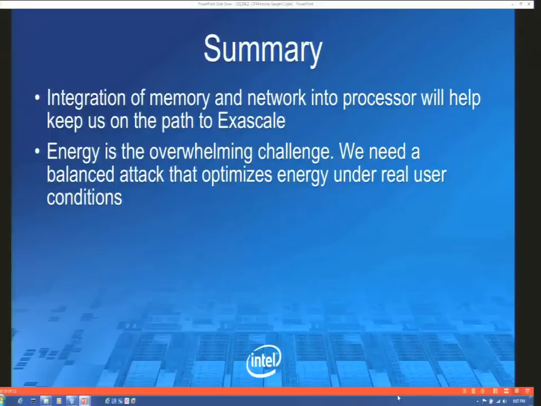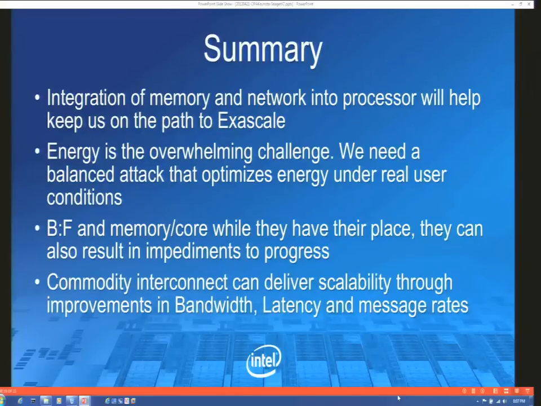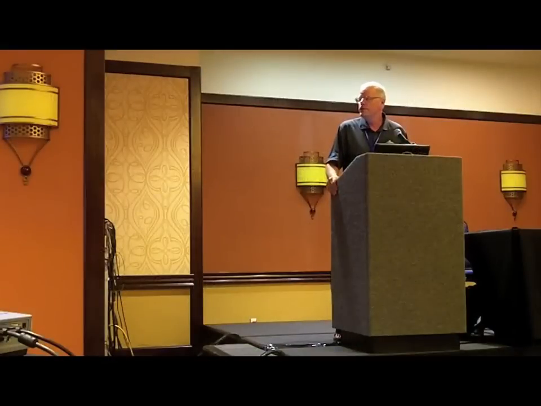The B to F ratios and memory per core, while they have their place in history, can also become impediments to progress. And we currently think that commodity interconnects can deliver scalability through improvements in bandwidth, latency, and messaging rate. And by integrating that HFI onto the processor die, we're going to get all three of those.